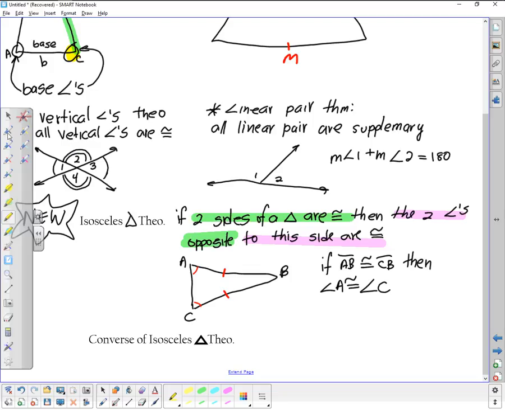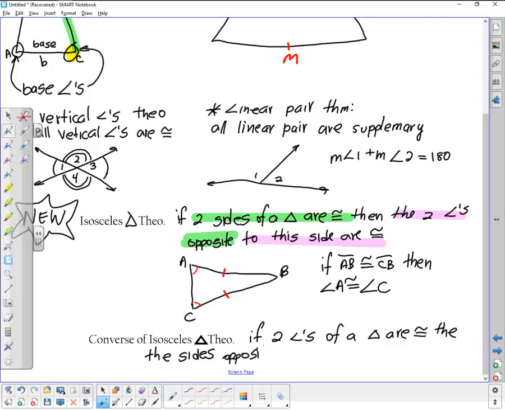So basically, not "if two sides of one triangle are congruent," what I'm going to say is the following: if two angles of a triangle are congruent, then the sides opposite to these angles are congruent.